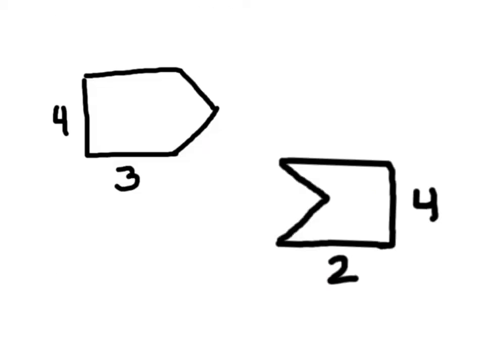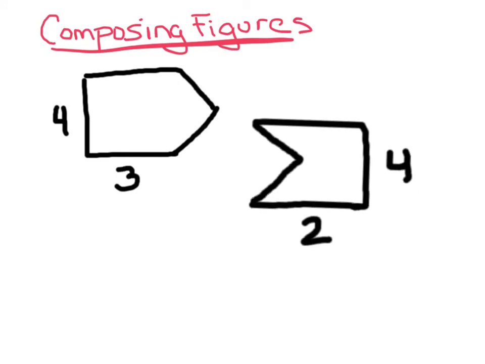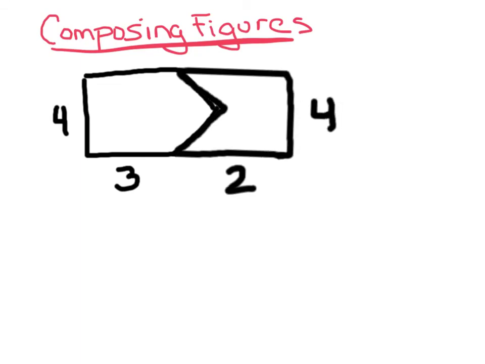Sometimes, instead of decomposing, what we did in the last slide, breaking a figure into smaller parts, we're able to compose figures. What this has to do with is our ability to put two pictures together. I'm able to take this figure here, slide it over, and it matches right with this figure.